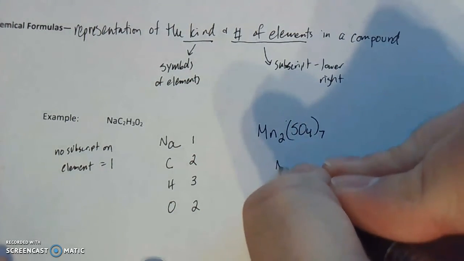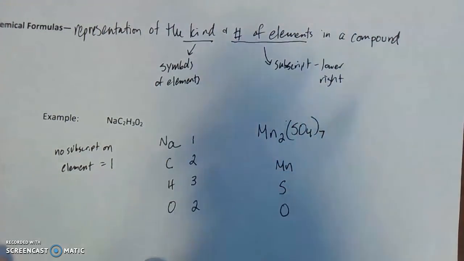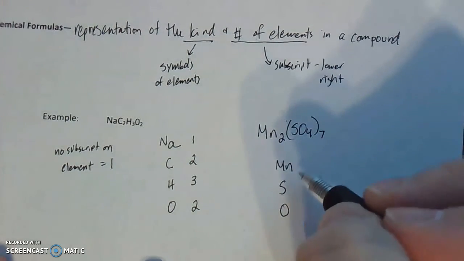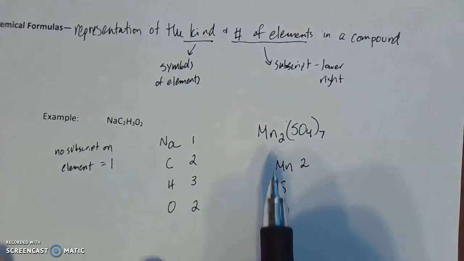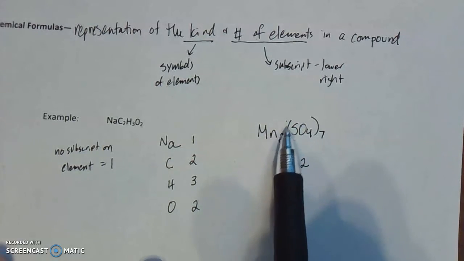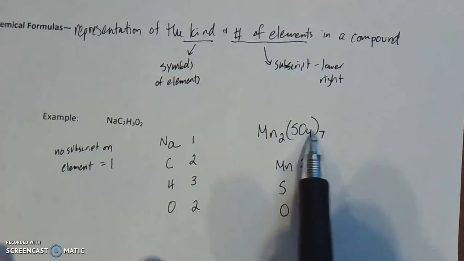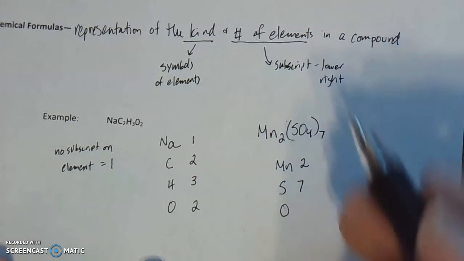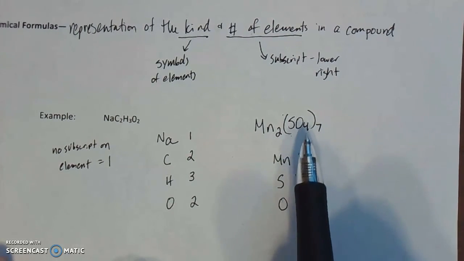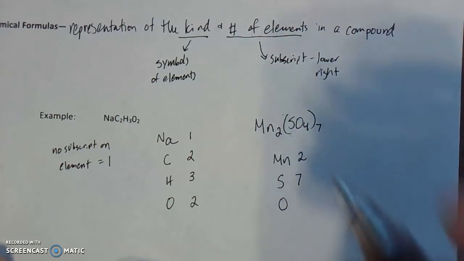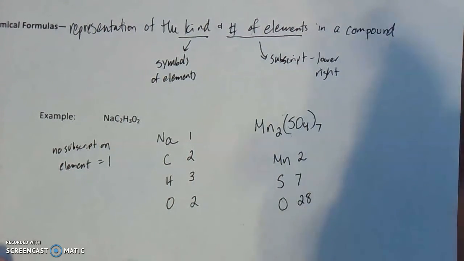So we have manganese, sulfur, and oxygen in here. So there's a subscript of 2 on the manganese, so we're going to put a 2 there. The sulfur is inside the parentheses, and there's 1, but we have 7 of this group, so that means that we have 7 sulfurs. There are 4 oxygens in each group, and there are 7 groups, so 7 times 4, there are 28 oxygens in that group.